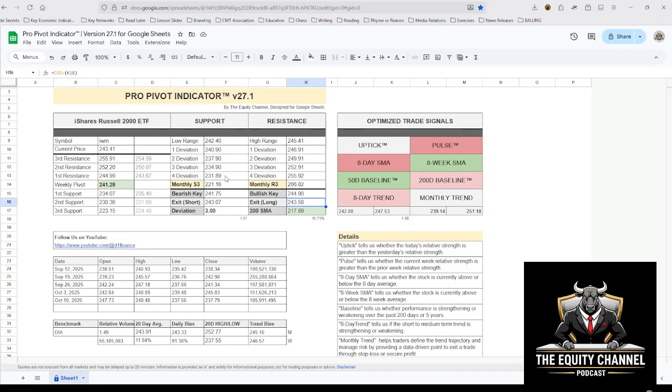We want smooth, trending, upward moving trades. If the trade is a little too volatile, it'll take you out of that particular trade. But it's designed to keep you in most trades for as long as humanly possible, while not allowing the market to pull back too much against you.